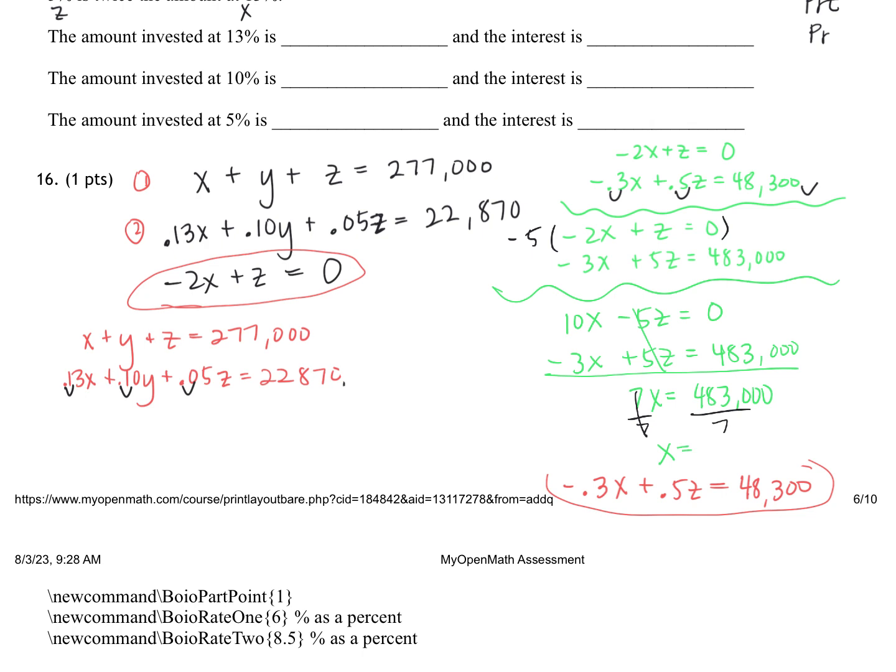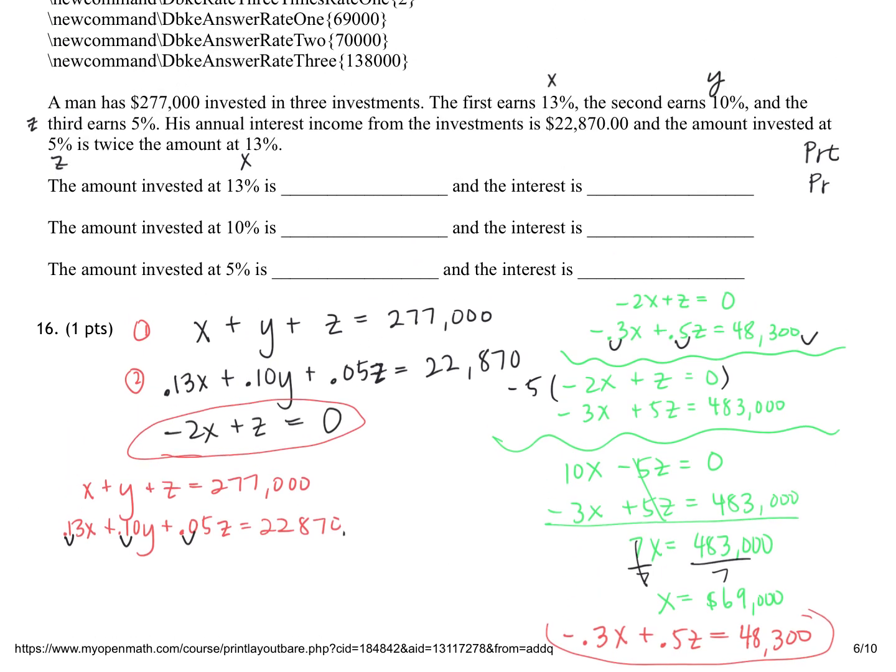So let's see, 483,000 divided by 7 is 69,000. Okay, so x, let's go back up to the top. X was the amount in the 13%. So the amount invested at 13% is $69,000.